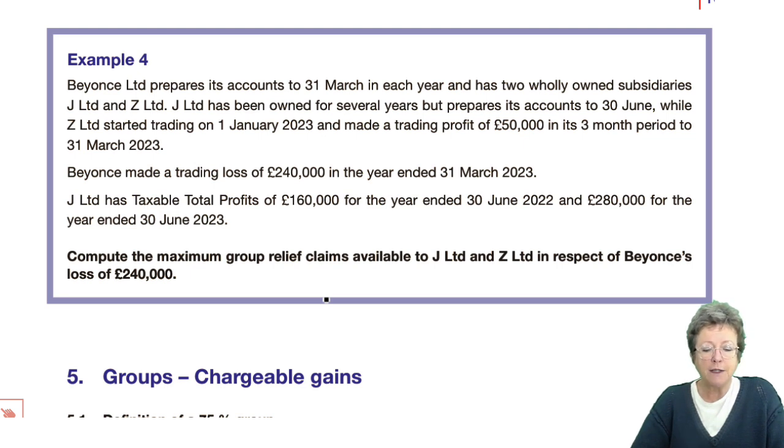Beyonce made a trading loss of £240,000 in the year ended 31st of March 2023. J Limited has TTP of $160,000 for the year ended June 22 and $280,000 for the year ended June 23.